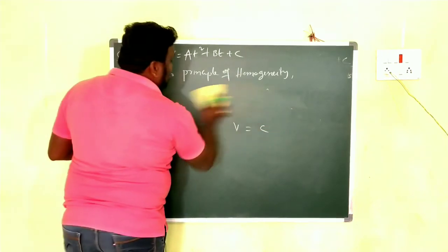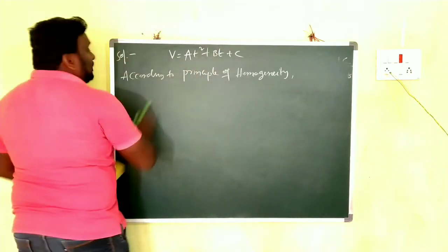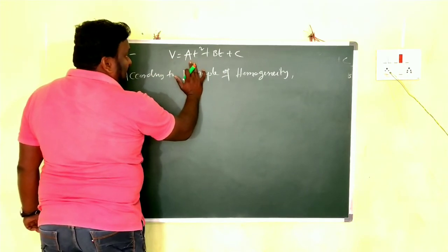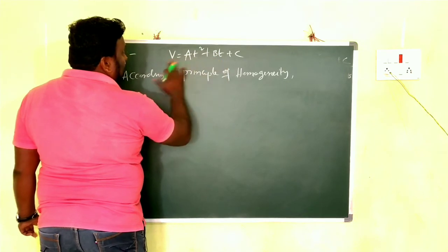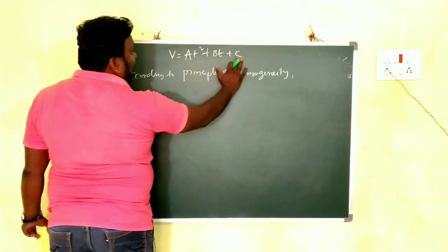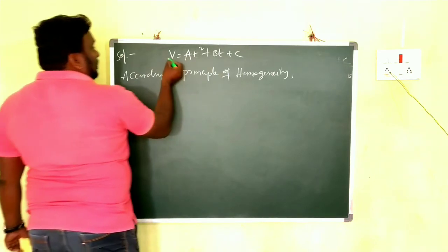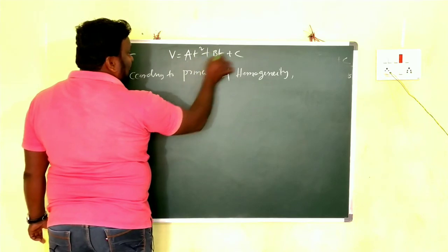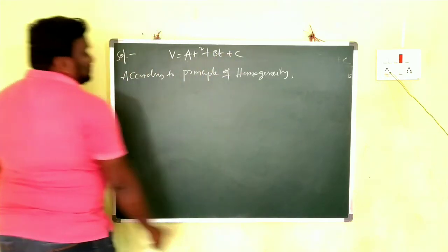So simply assume that the dimensional formula of V must be equal to the dimensional formula of AT square, and of BT, and of C. Got my point, children? So on the basis of the principle of homogeneity.